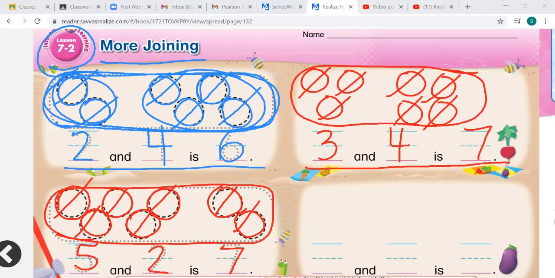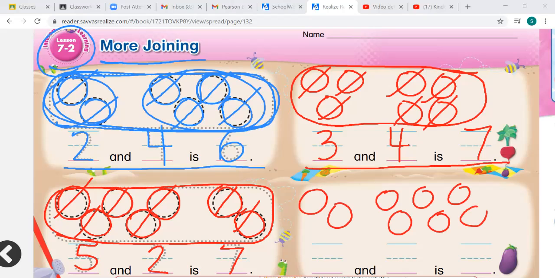All right, now we have eggplants. We have 2 eggplants, and then we get 6 more eggplants. 1, 2, 3, 4, 5, 6. So we have 2 eggplants, and then we add 6 more.